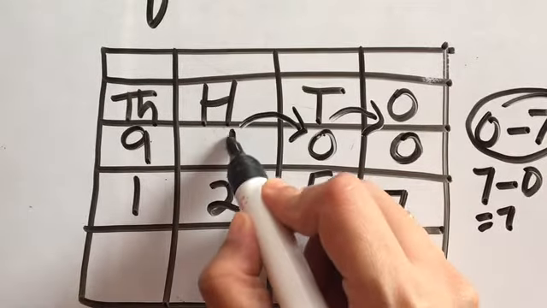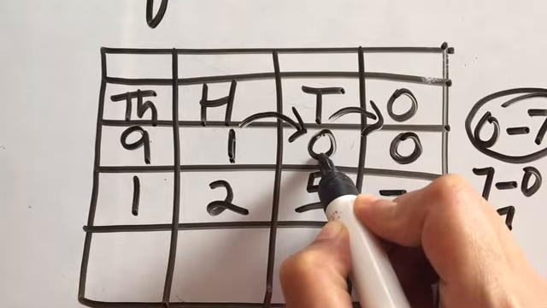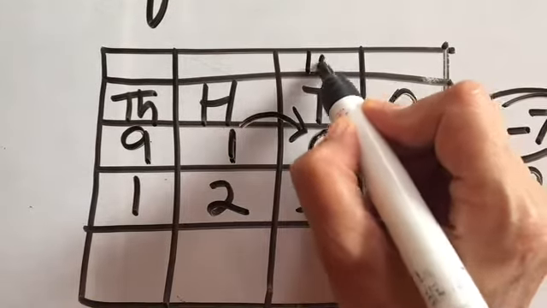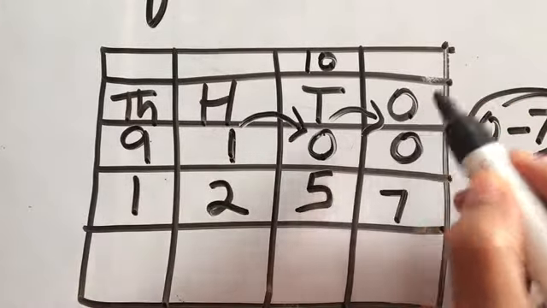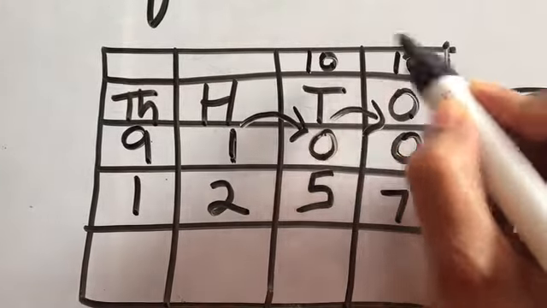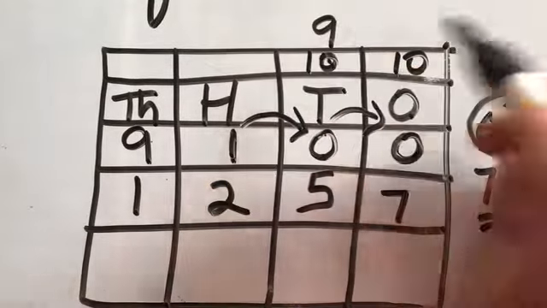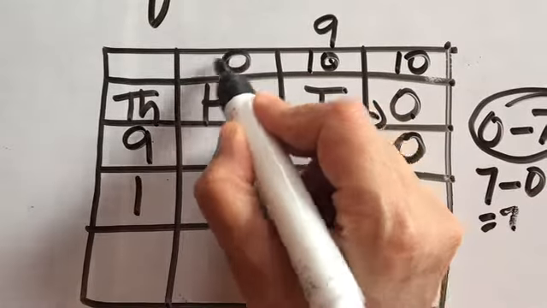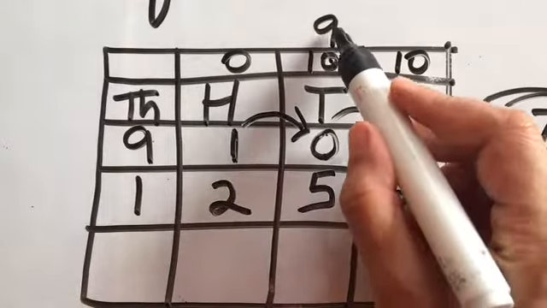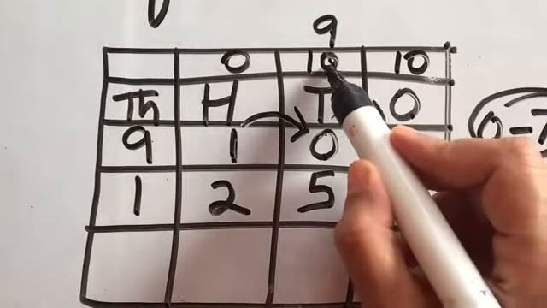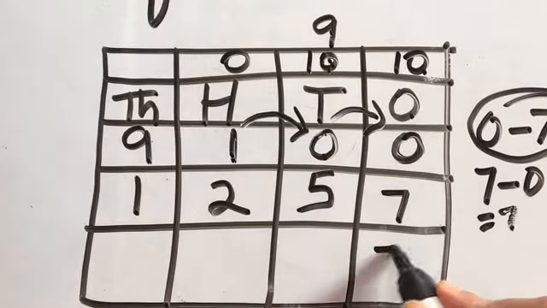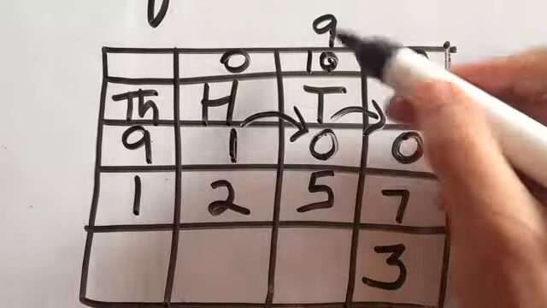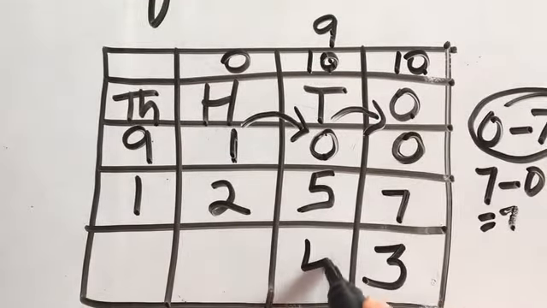So if 1 is giving 1 to this, it will become 10. Fine. Now this 10 will give 1 to this, it will become 10 and 1 will be reduced from it and here it will be 0. So here it is 9 and 10. So 10 minus 7 is 3, 9 minus 5 is 4.